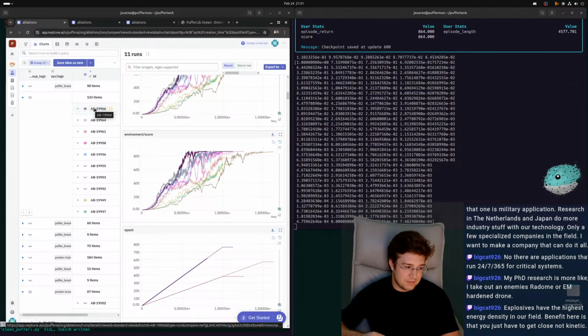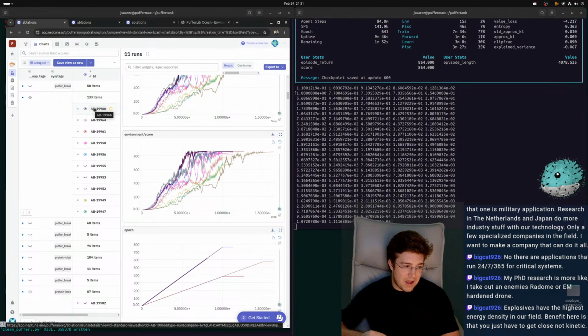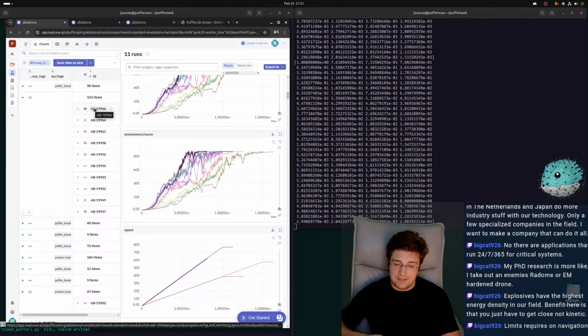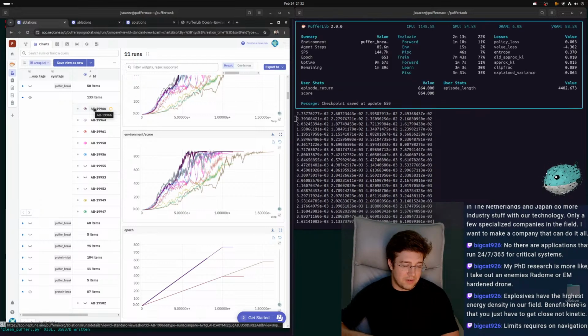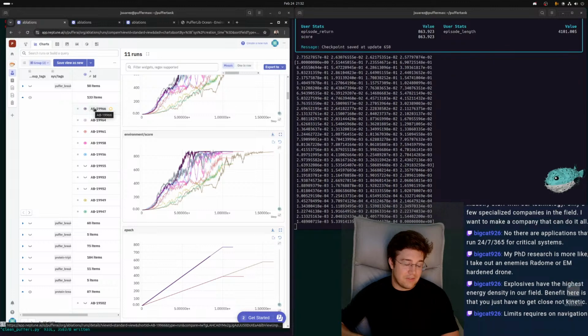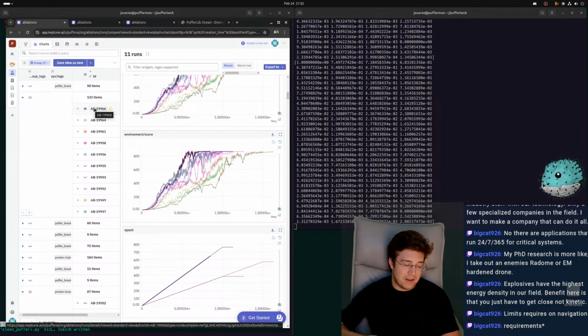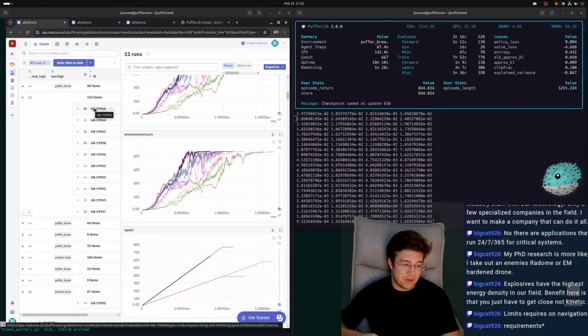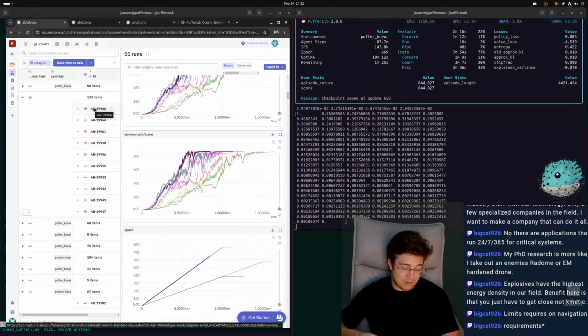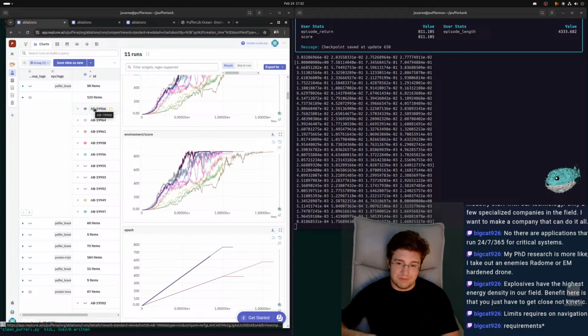Highest energy density. Limits required on navigation. No. I mean, if you have 100 drones and you want them to be perfectly coordinated in a way that's completely superhuman and above any ability that we could program algorithmically, directly, you use RL.